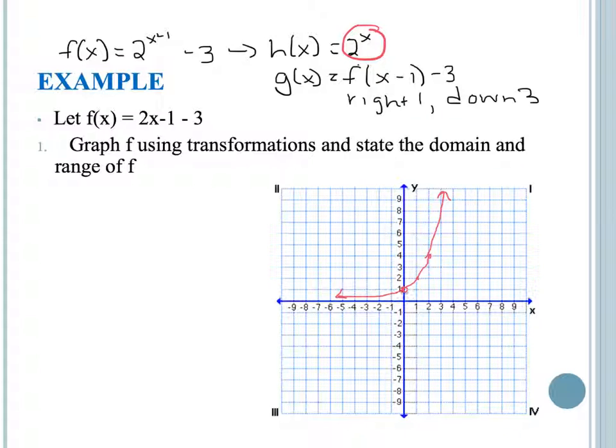I'm really going to focus on the ordered pair (0, 1). So if I take that ordered pair right 1 and down 3, I would now have my new ordered pair for this function. It would be at 1, no, let's make sure I get that in the right spot.